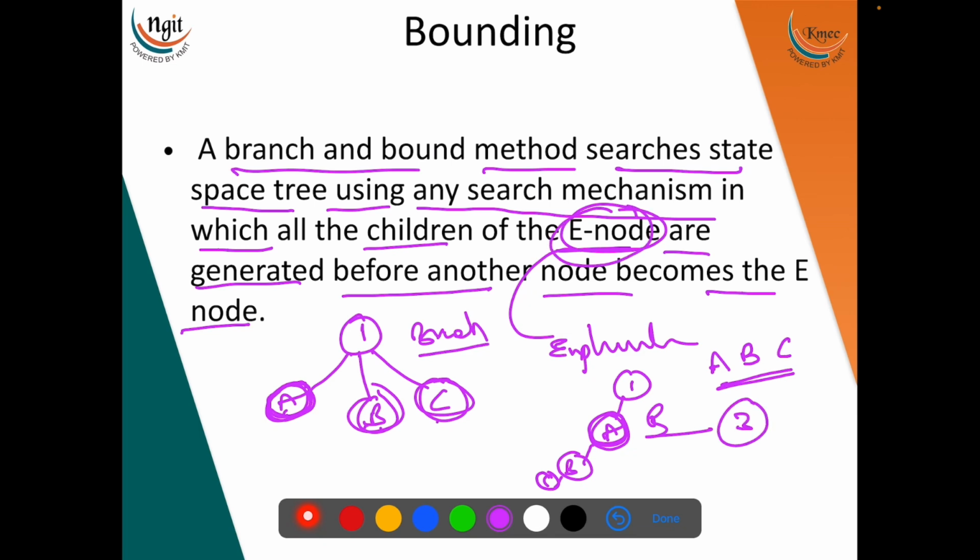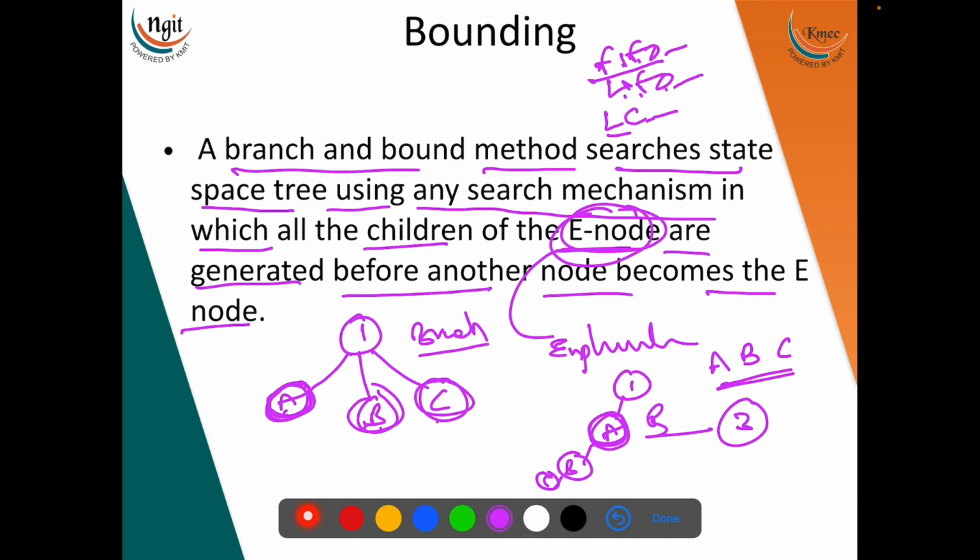Those strategies are the FIFO method, LIFO method and least cost branch and bound: FIFO, first in first out branch and bound; last in first out branch and bound; and least cost search branch and bound. These are the three different strategies using which we will generate the state space trees.